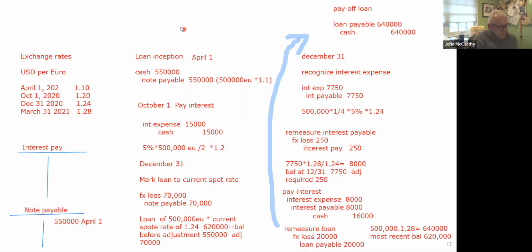Maybe I'll put an FX loss up here somewhere. Pretty full.